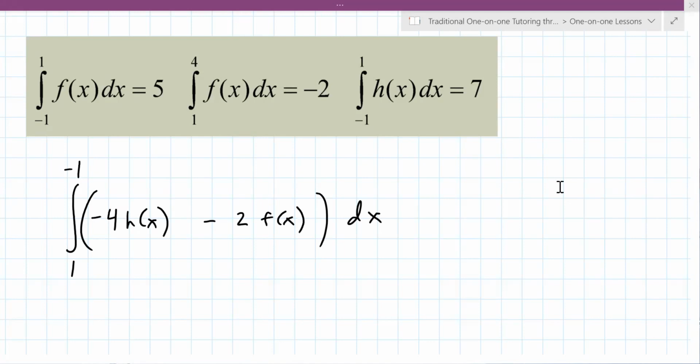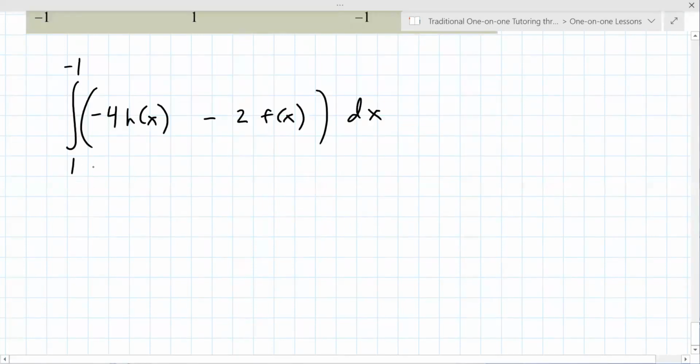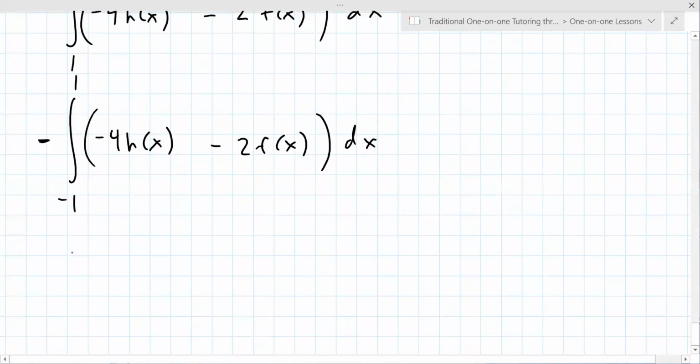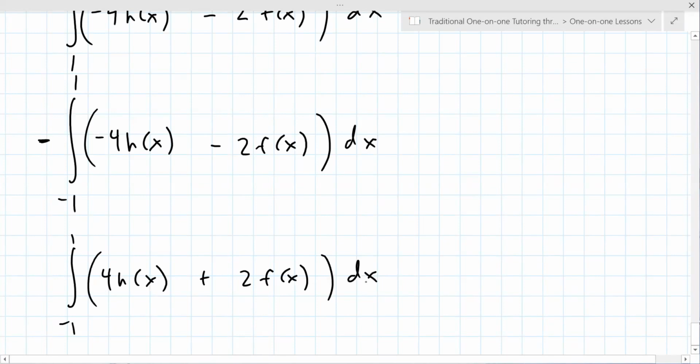Can you write down the next line to make sure that I did it right? Sure. Did you flip the bounds yet? I did. Okay, so if you flip the bounds to -1 to 1, you put a negative out in front. And then it's kind of like algebra. You can distribute that to both, so it becomes 4 h of x plus 2 f of x dx.